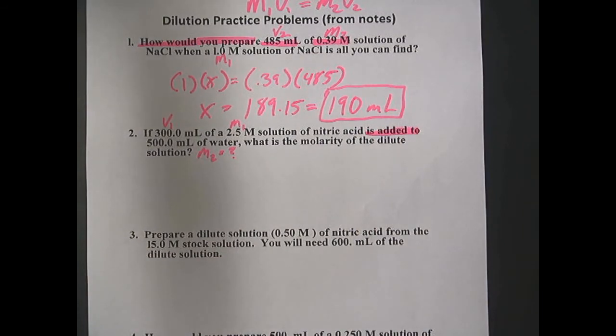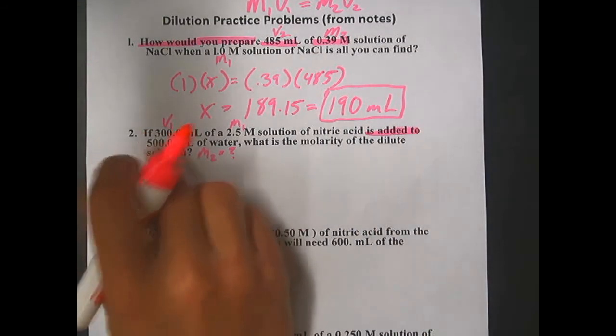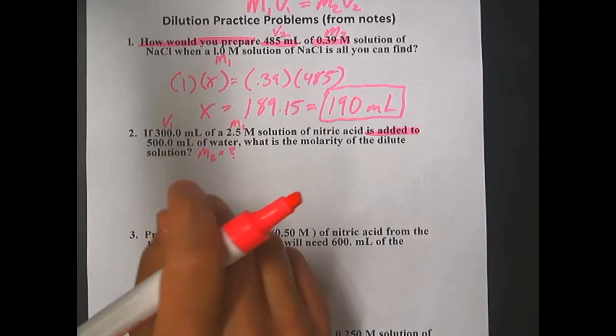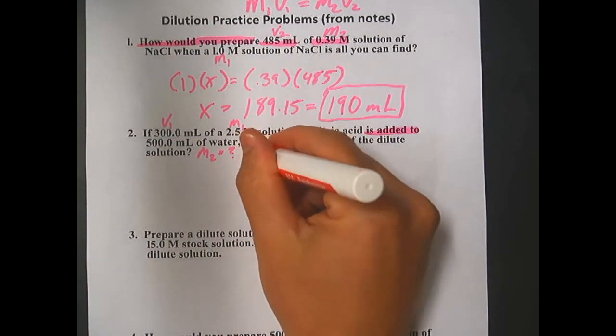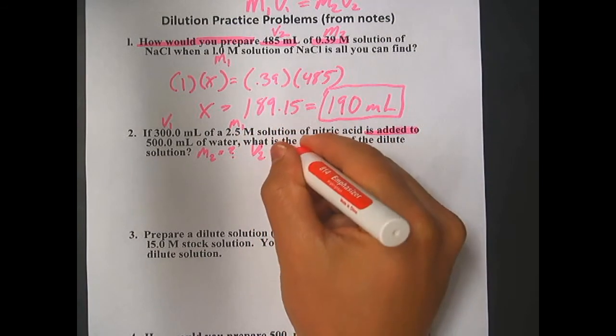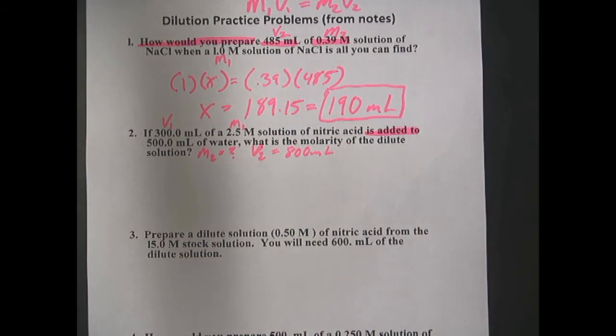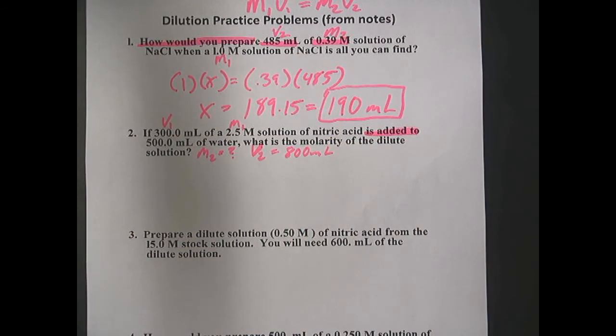So V2 is not 500 milliliters, it's 500 plus 300 milliliters. So V2 is actually 800 milliliters. So pay attention to that wording. It definitely would change your answer here.